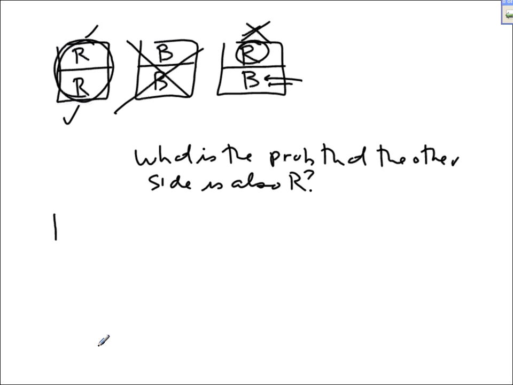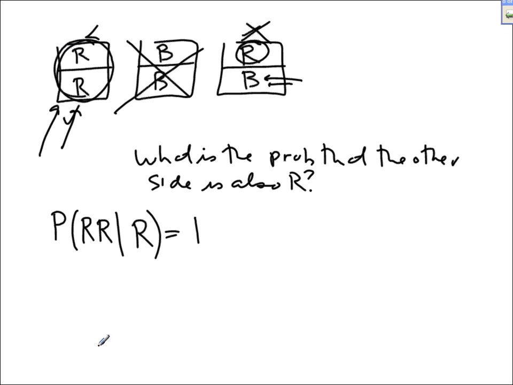So, we want to know what is the probability that we get this card right here, given that the front card we saw is red.